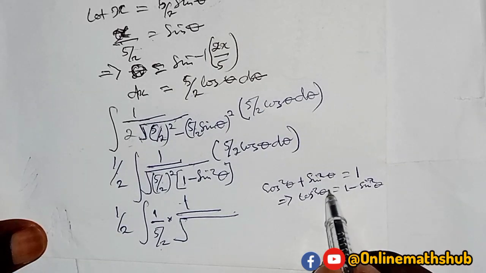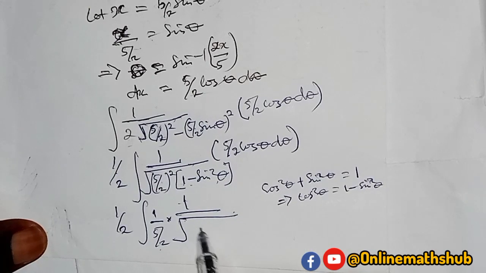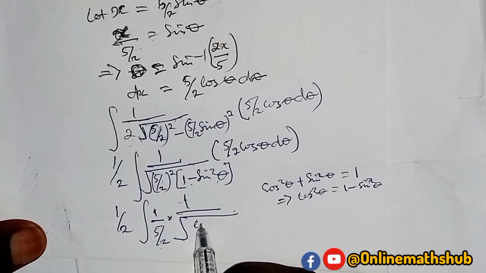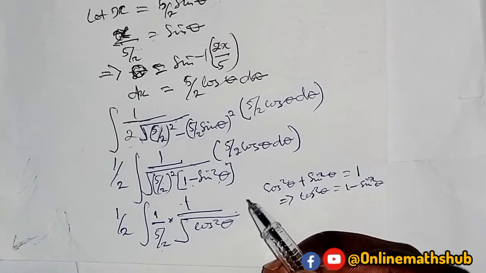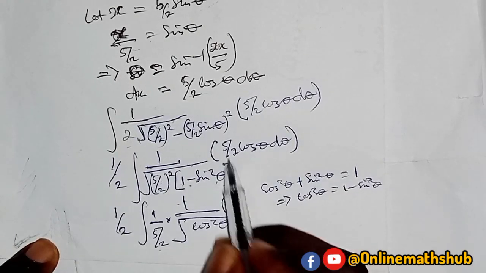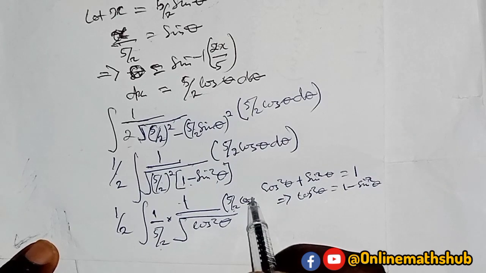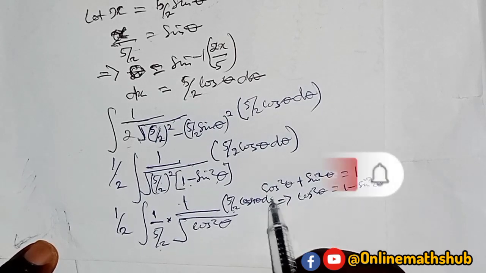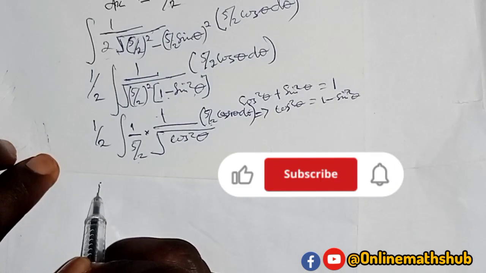So I'm going to replace this 1 minus sine squared theta with cos squared theta right here, and then it's multiplied by 5 over 2 cos theta d theta.